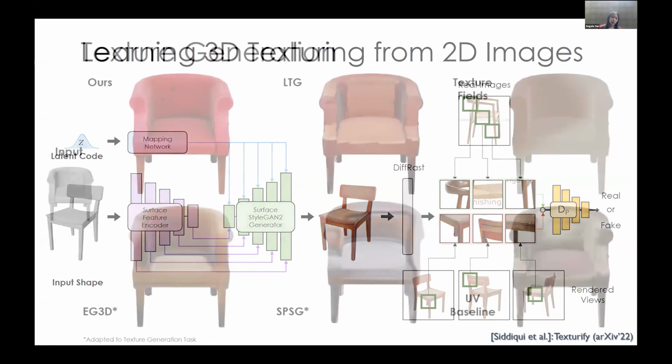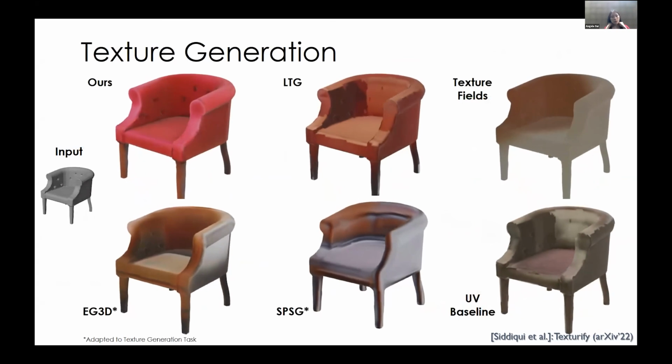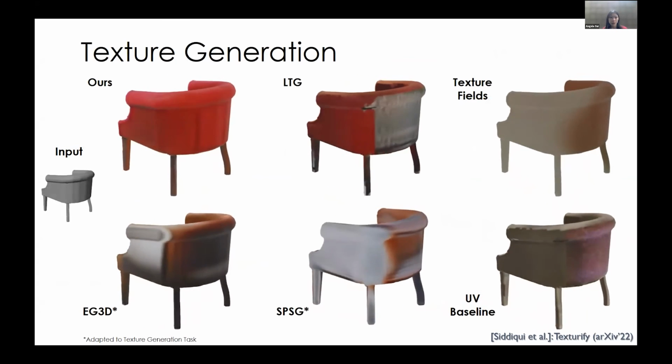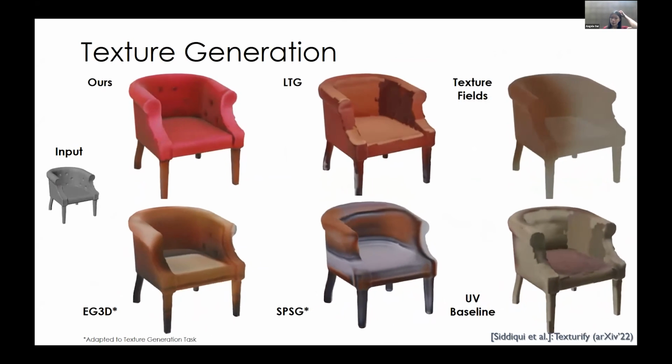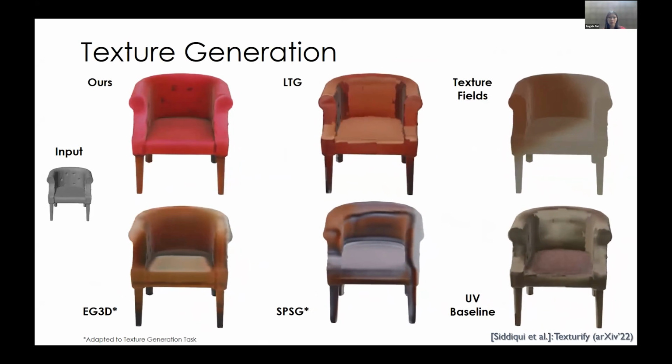So what does this look like? Here we have a bunch of examples of texture generation. In particular, the last two with stars were originally formulated as entirely conditional generative approaches, so we've adapted them in order to be able to do texture generation. And here we're comparing against a bunch of different interesting alternatives. So we have something that's basically Pi-GAN inspired. SPSG is the voxel-based approach to generating colors.